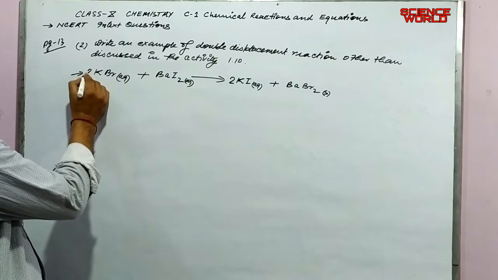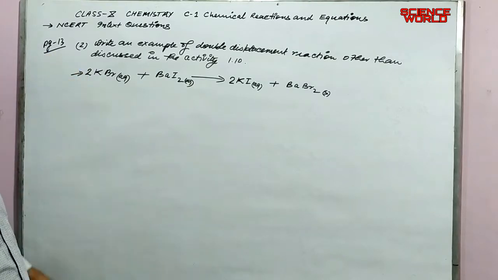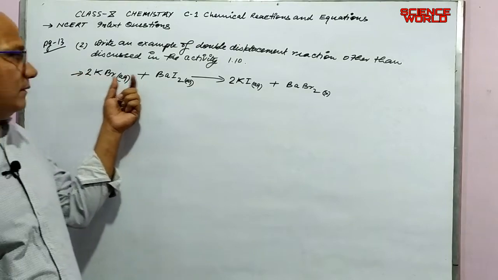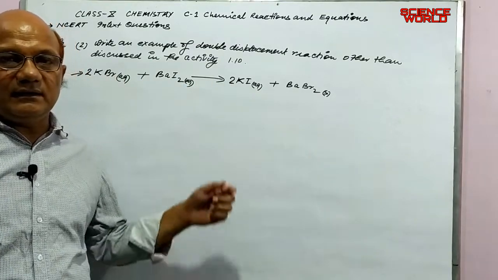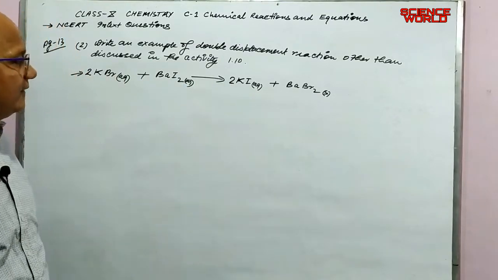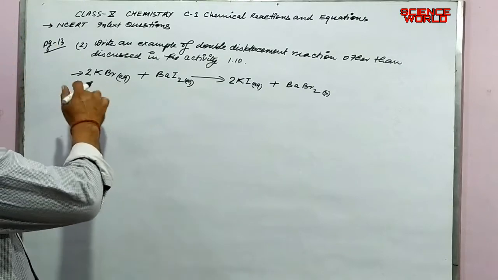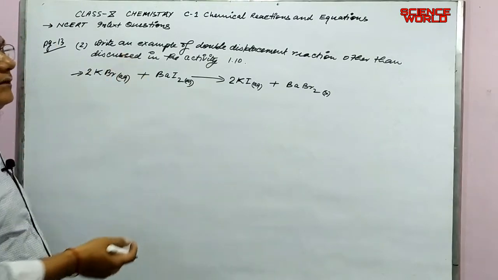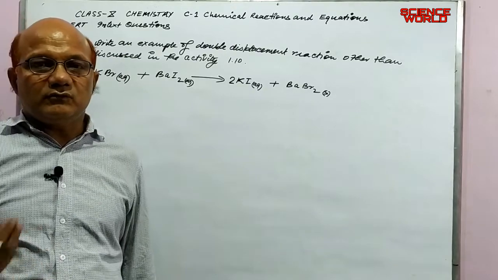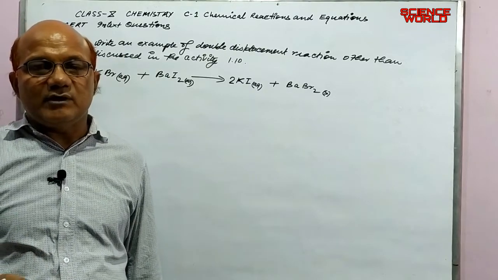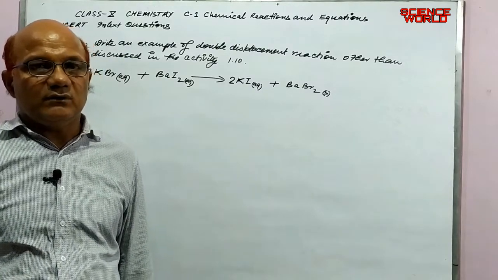So, multiply it by 2. So, now the entire chemical equation is balanced. So, this is an example other than what was discussed in activity 1.10. Now, take a screenshot of it.